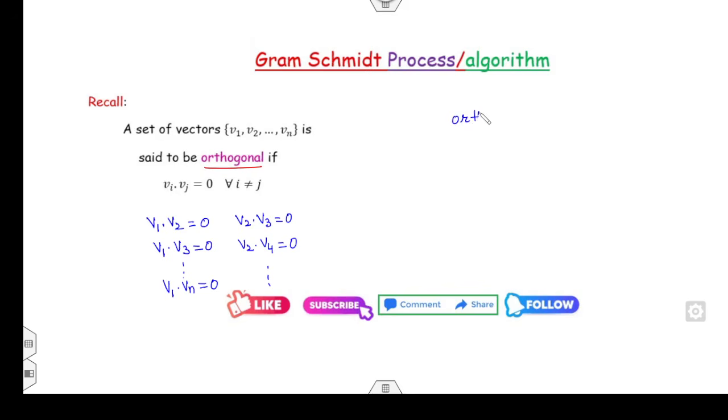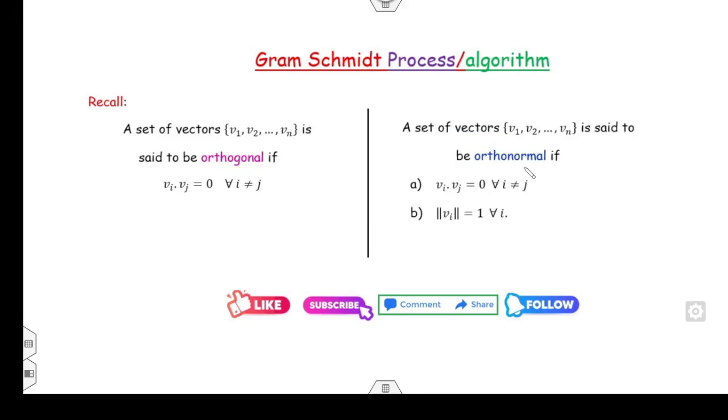On the other hand, the vi vectors are said to be orthonormal if they satisfy two basic properties. The first one is vi dot vj is 0 for all i not equal to j, and the second is the norm of each vi must be 1.